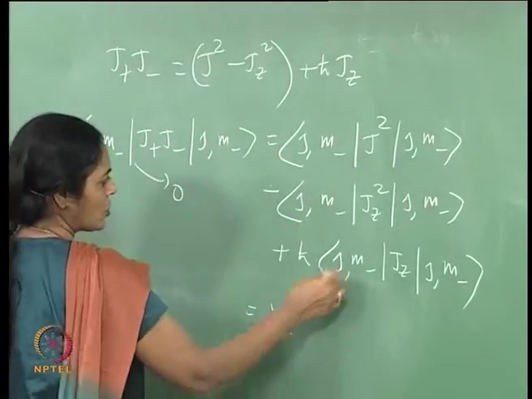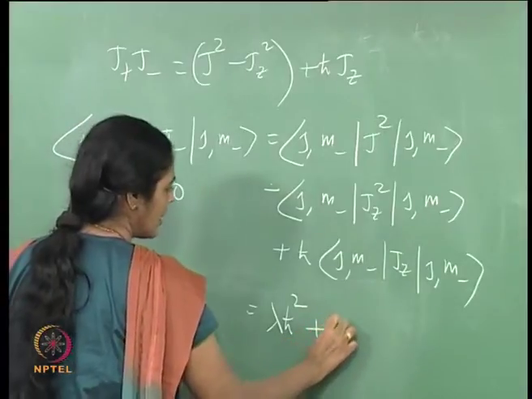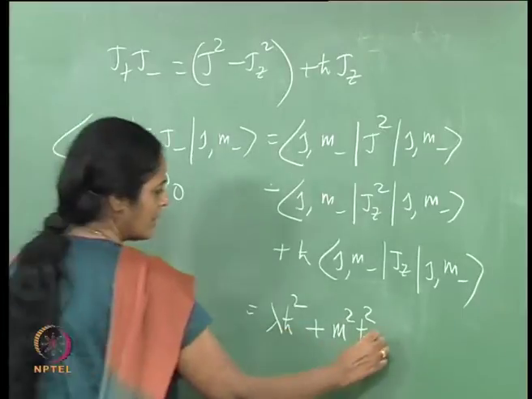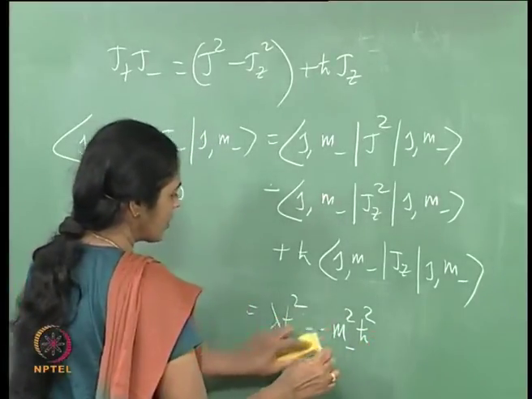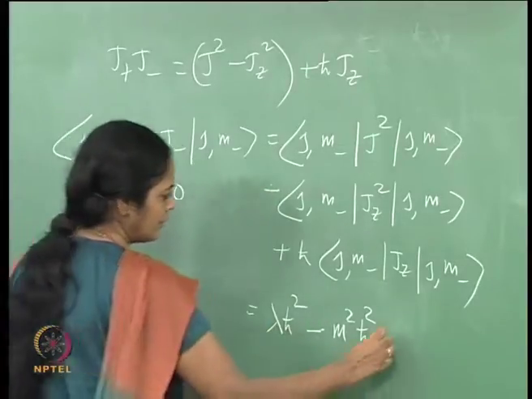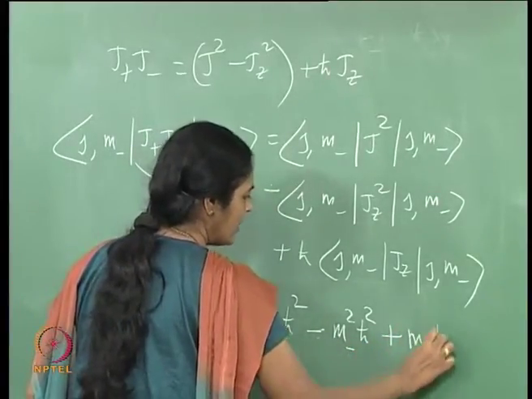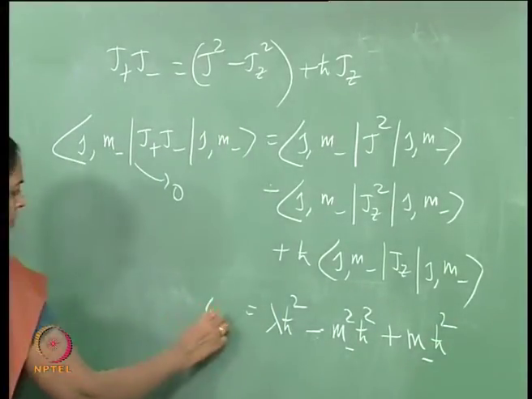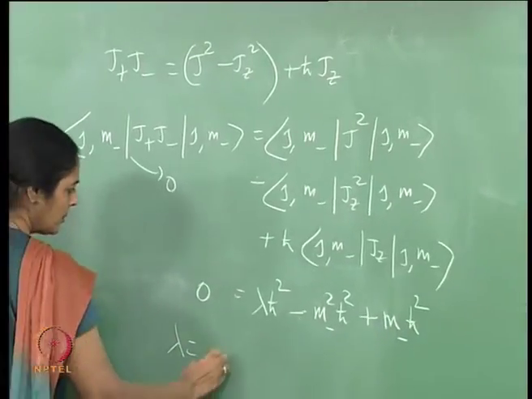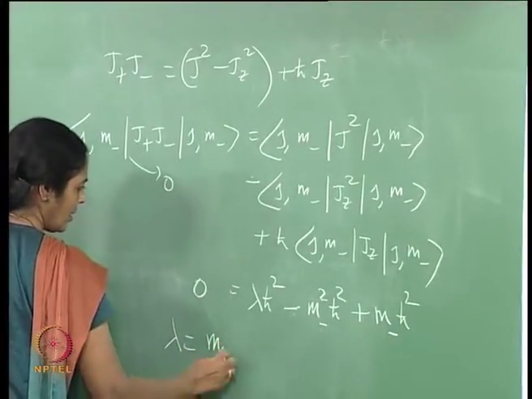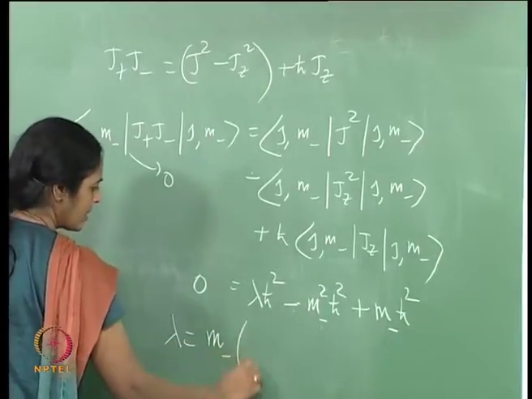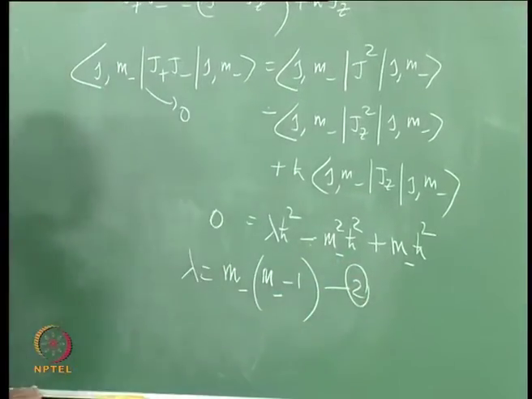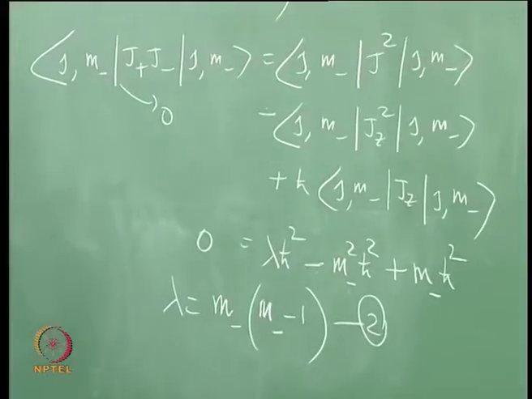It pulls out a lambda h cross squared. This pulls out plus m squared h cross squared, except that m is now m minus, and the last term comes with a negative sign because of the negative sign here, plus m minus h cross squared. Since this object is equal to 0, I have lambda is equal to m minus times m minus minus 1, and that is the second relation that I have.